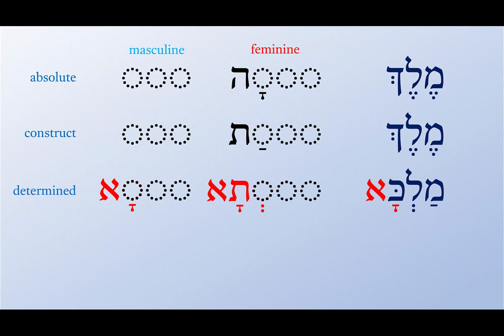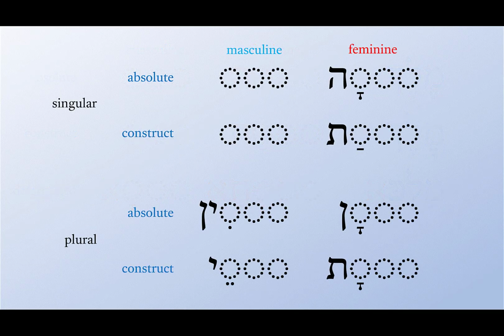So we have to use context to determine what actually that word would mean, because there is a possible word, malka, that means queen. Okay, so we've talked about the singular nouns and their determined state in comparison to absolute and construct.